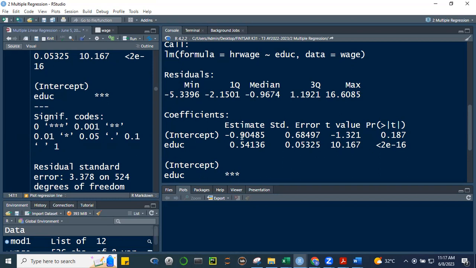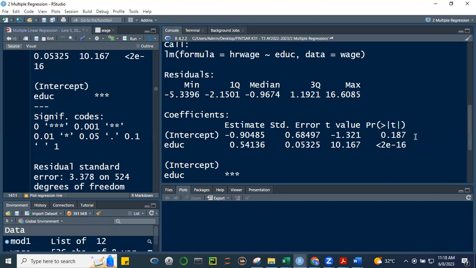Now the intercept is supposed to be the value of your hourly wage when your independent variables are zero. In this case, education is zero. The value is negative 0.90. However, it's not statistically significant because the p-value is 0.187, which is greater than 0.05.